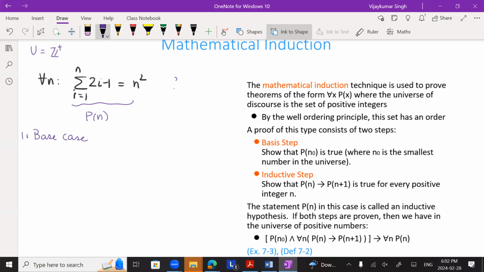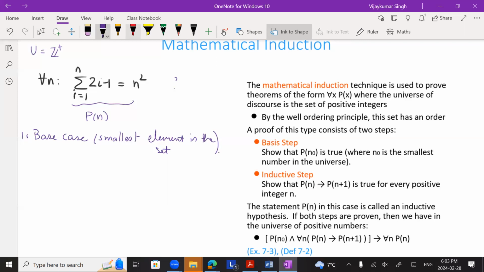The smallest element is guaranteed because of the well ordering principle. That is where the well ordering principle comes into the picture. You prove it for the base case, the smallest element in the set.